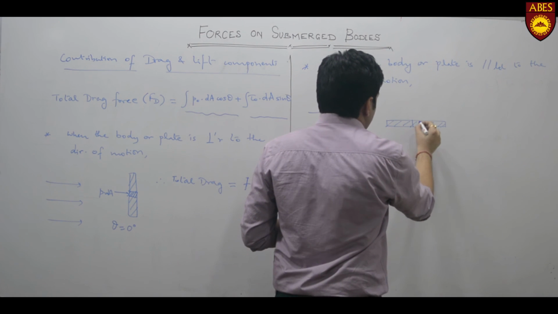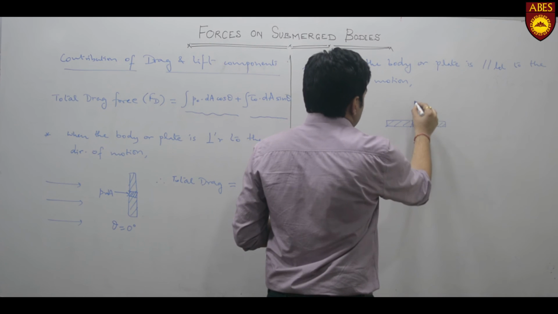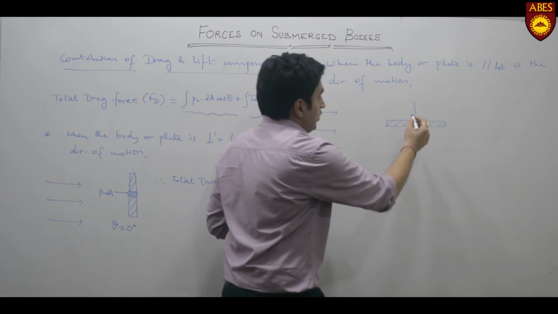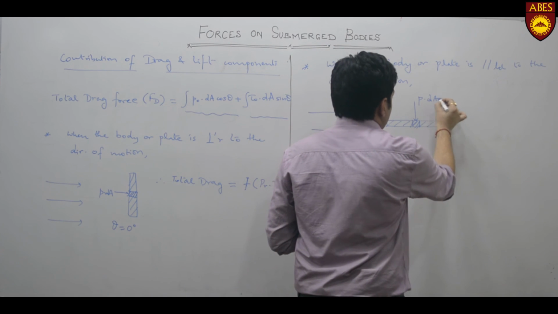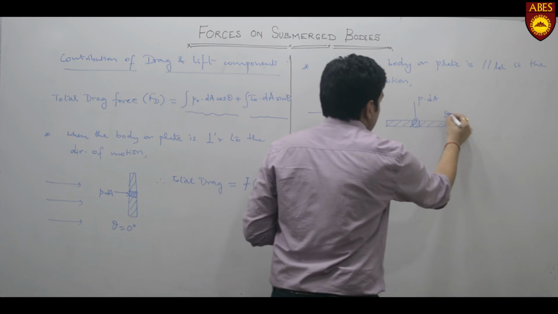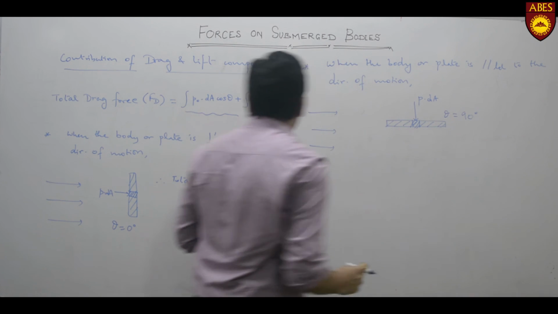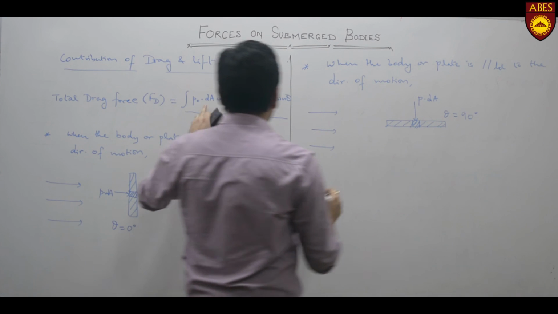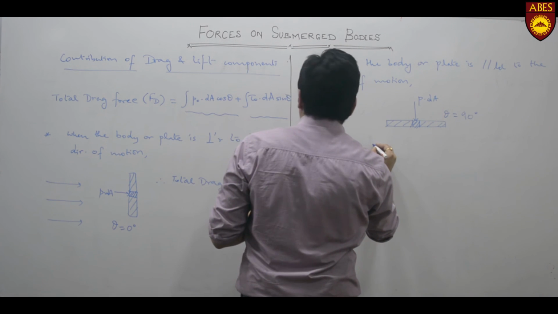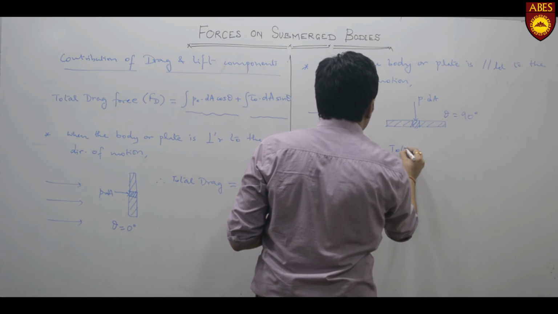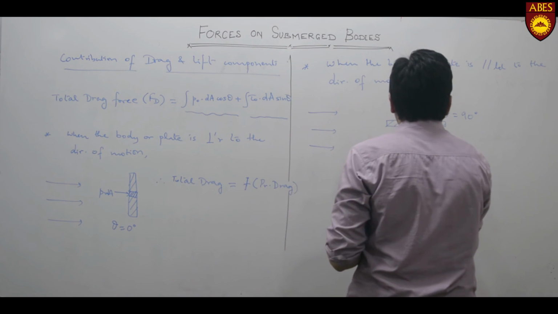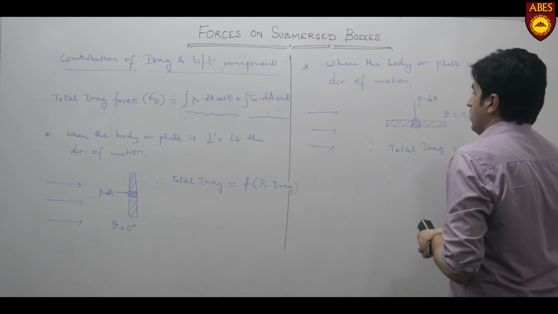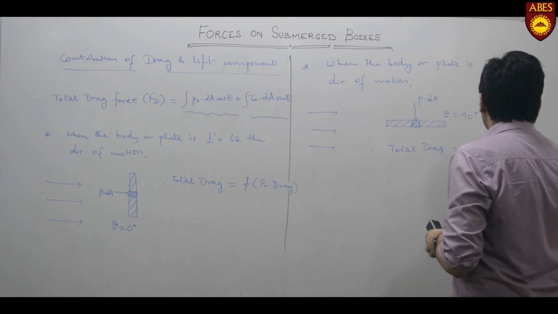When we consider some element here, the pressure acts normal to the direction of motion, so theta will be 90. When theta is 90, the pressure component vanishes and the shear component exists. So the total drag is a function of the shear drag.